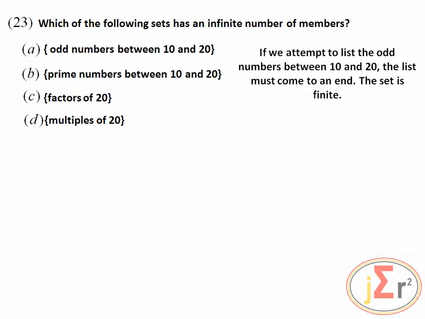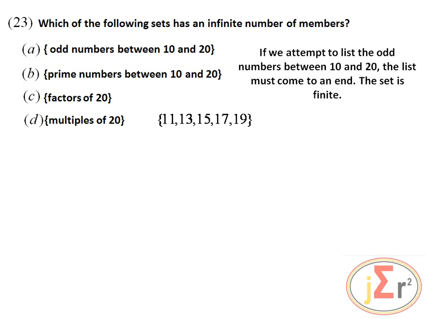If we attempt to list the odd numbers between 0 and 20, the list must come to an end. The set is finite, so we are of course looking at option A, odd numbers between 10 and 20. If we attempt to list those numbers, the list must come to an end. The set is finite.